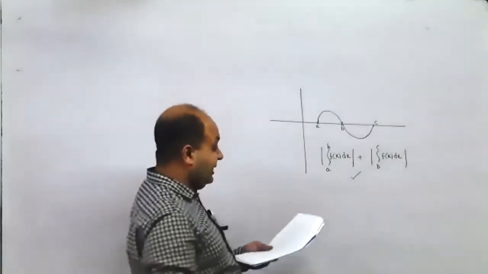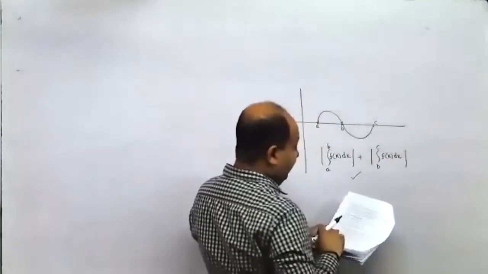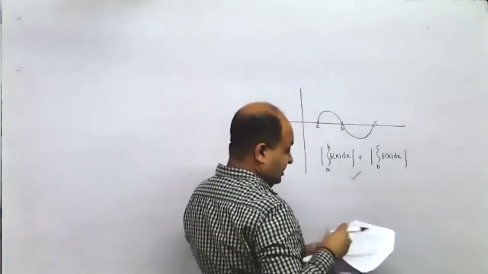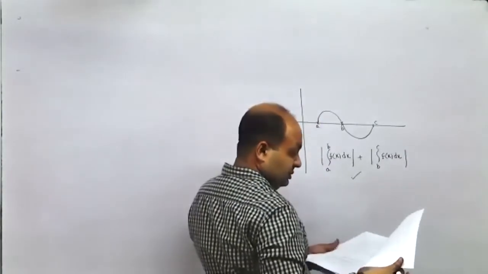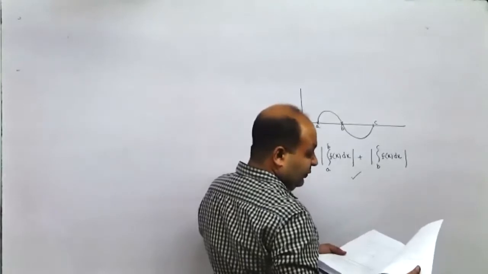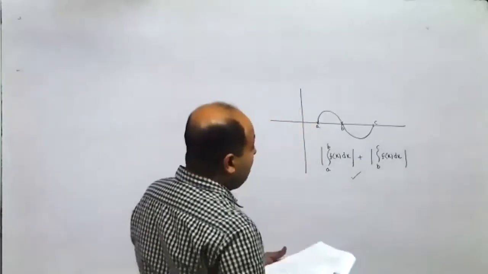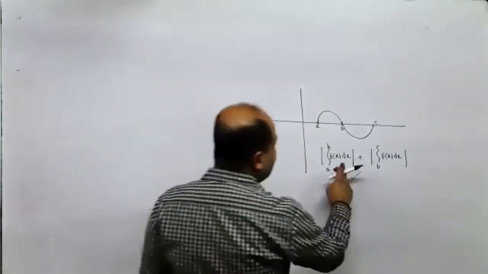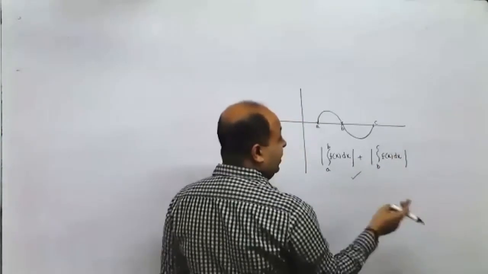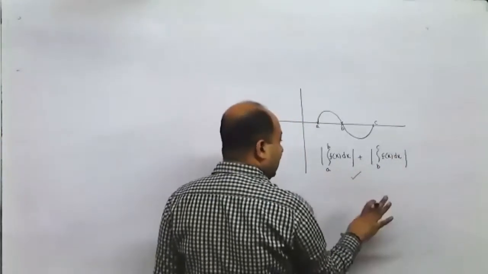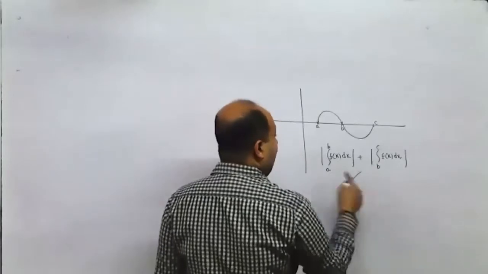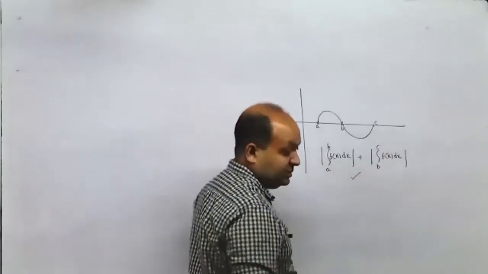Yeah, this should have been ideally g of x, but they have given f of x, I guess. It should have been two functions. Now you retain it as it is, because if they are equal, even then this is also valid. It would also be A to C f of x dx.